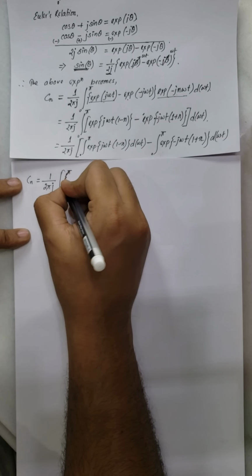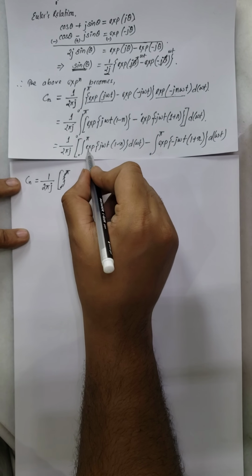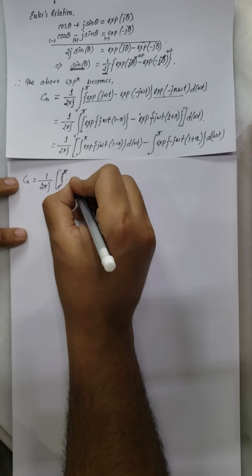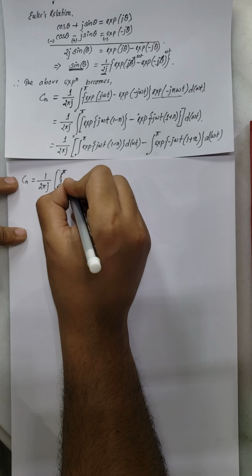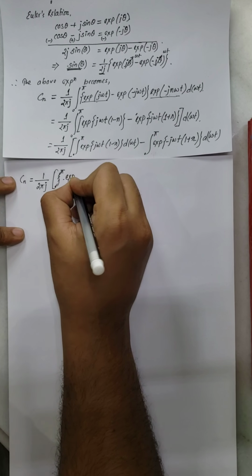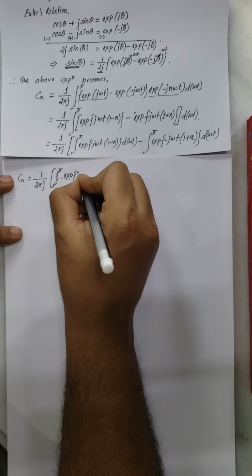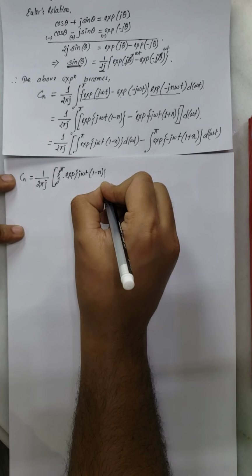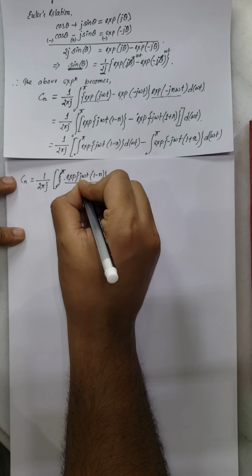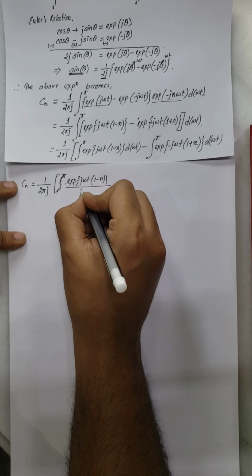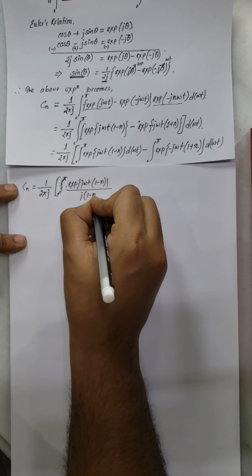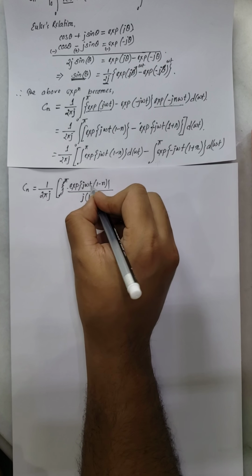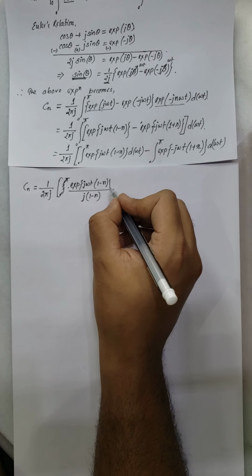We are now solving the integrals, and the integration of e to the power something is e to the power something, that is e to the power j omega t 1 minus n, divided by the factors that are not associated with the integral operator, that is j of 1 minus n.